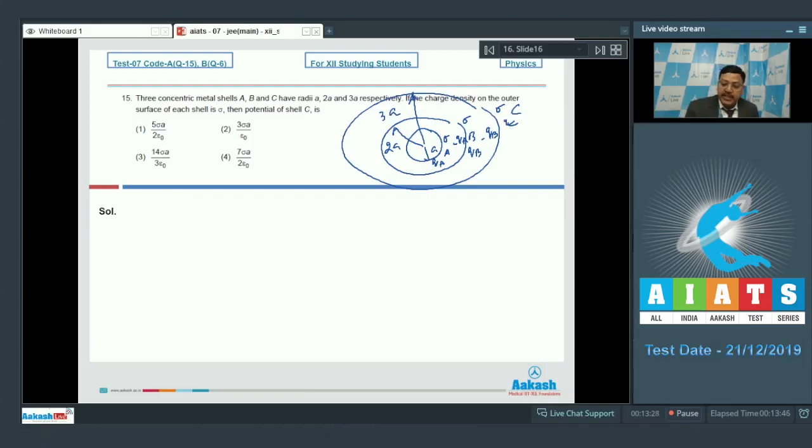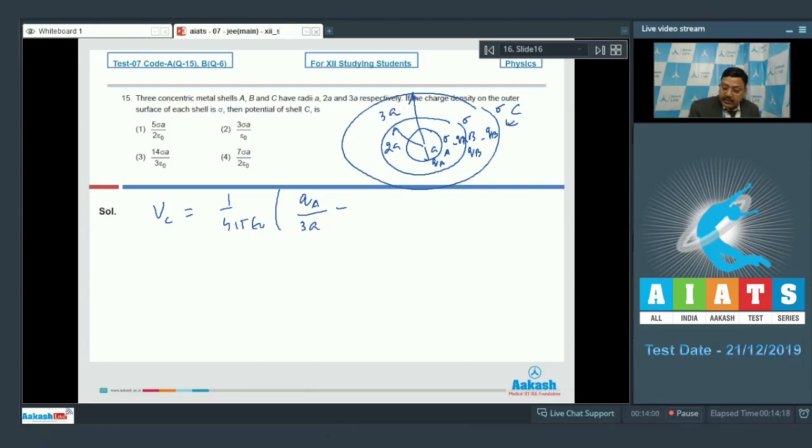If we want to find potential of C, Vc, let's call it, this will be 1 by 4 pi epsilon naught into QA, which is the charge on the outer surface of A, and there is no charge on the inner surface of A, divided by the distance 3A.